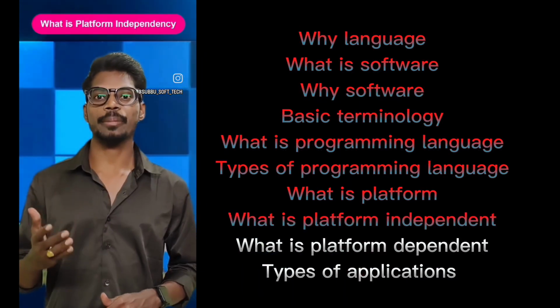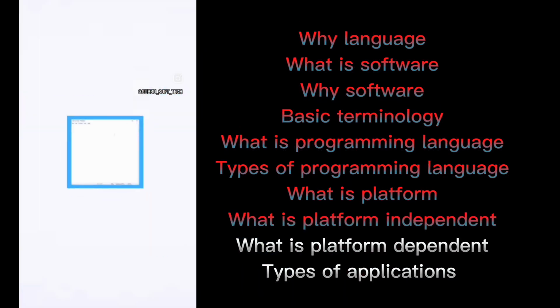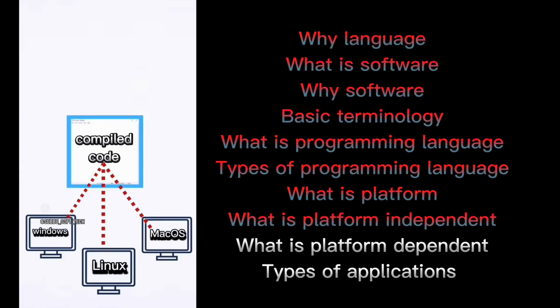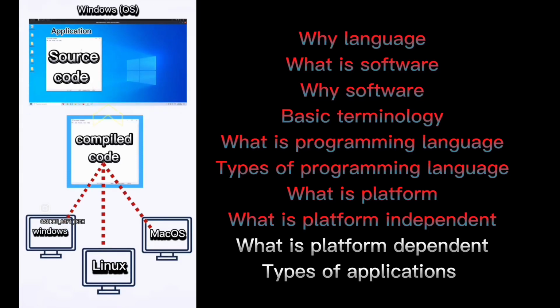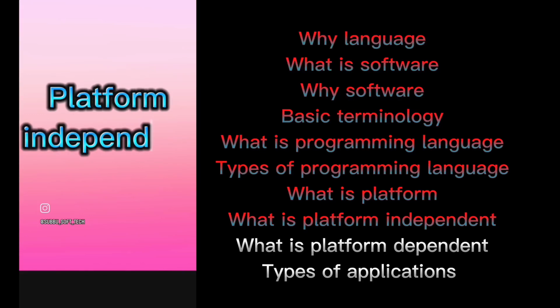What is platform independent nature? If the compiled code is able to run in all operating systems irrespective of where we compile. That means I compiled one application in the Windows operating system, but that compiled code I am able to run in all operating systems. That nature comes under platform independent nature.